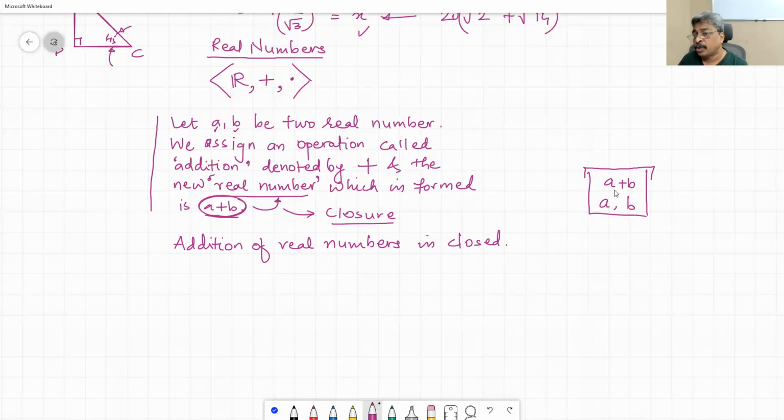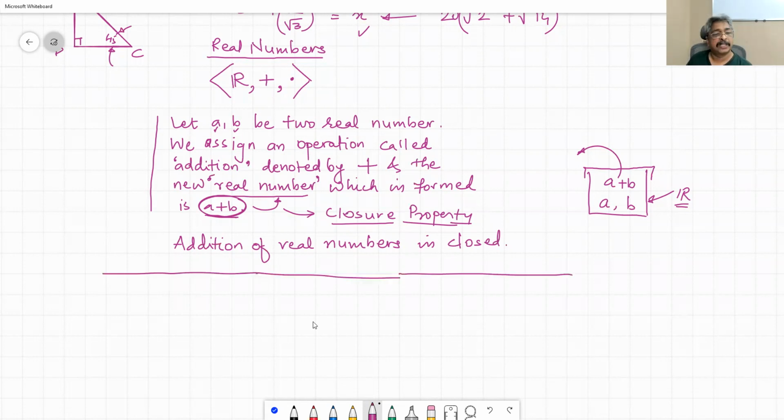It might look different than A or B, but the new number which is generated is not going to come out of this box. This is the box of real numbers, and this is what we mean by closure property. The real numbers are closed under addition. Okay, so this is the first part as far as addition is concerned.